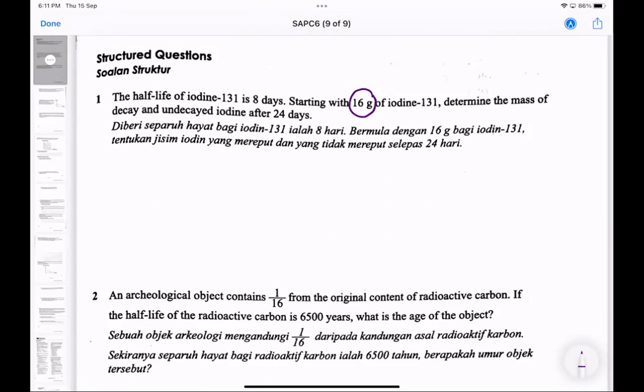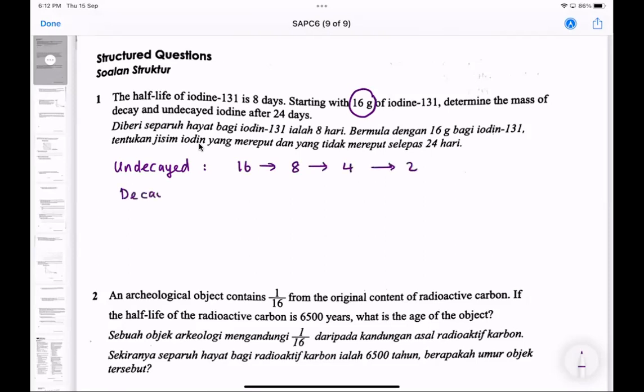Okay, did you get undecayed as 2 and decayed as 14? Oh, running out of time. Yep. Did you get it, Hani? Undecayed 2, decayed 14. Yes. Okay, undecayed starts off from 16, 8, 4, 2.